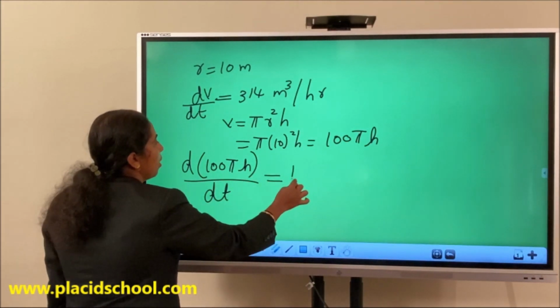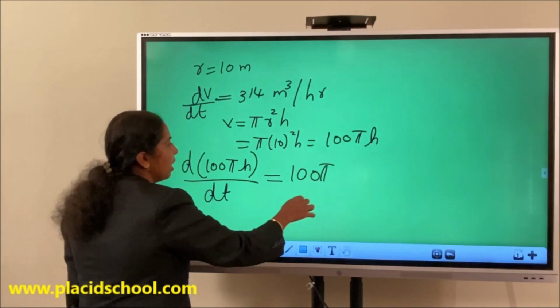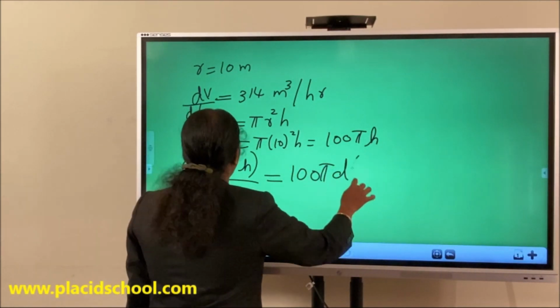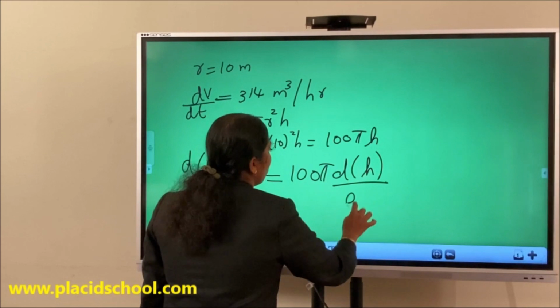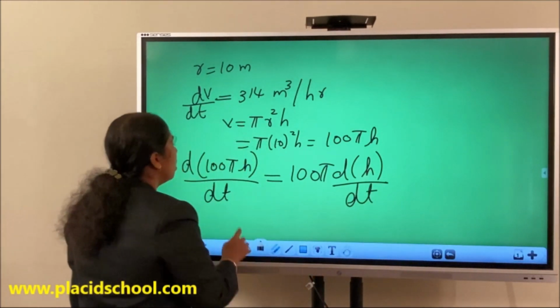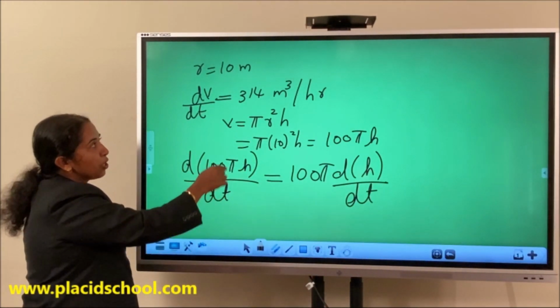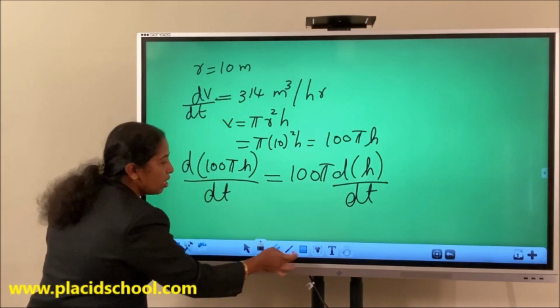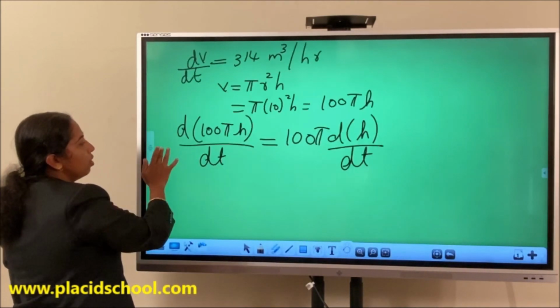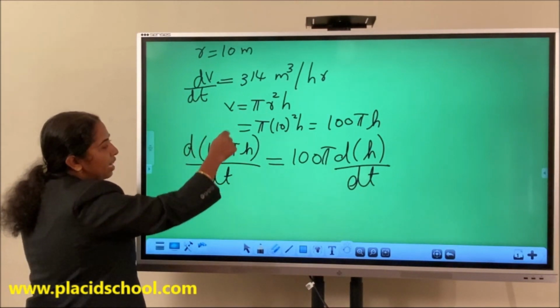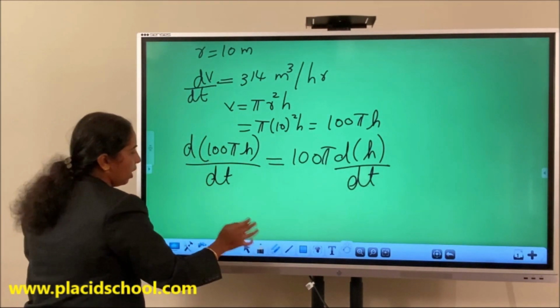So this is pi into 100, which is a constant, into the derivative of height with respect to time. The rate of change of volume with respect to time is given to be 314. So in the place of dv by dt, you can substitute 314.